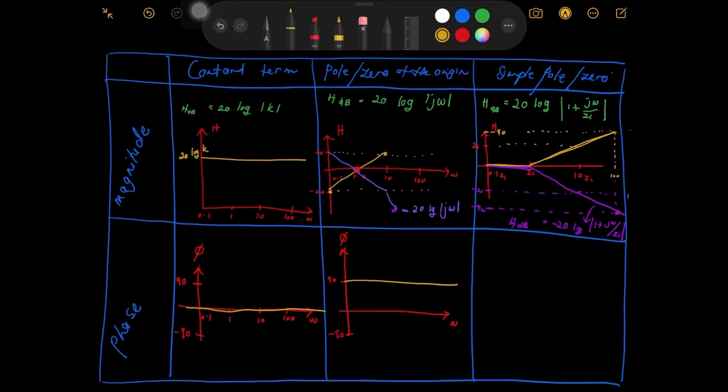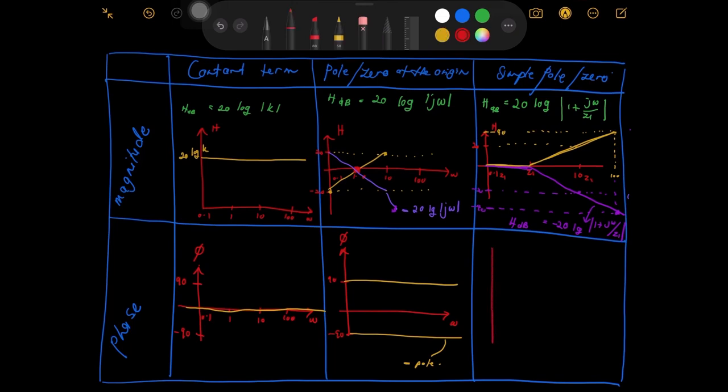That's all. So if there is a pole 0 at the origin, the phase plot is just a straight line at 90 degrees. And again, sometimes we have a negative value, which is negative 20 log j omega. Then the representation will be negative 90. Again, a straight line at negative 90 for a negative pole 0 at the origin.